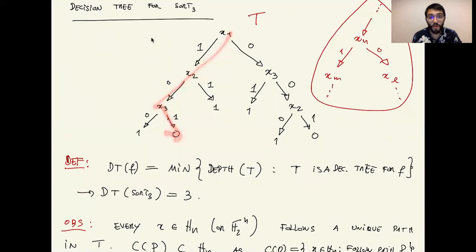In this case, only one. But you could select this path, for instance. In this case there are actually 2, because I can put 1, 1, 0 or 1, 1, 1, since x3 doesn't matter in this path.